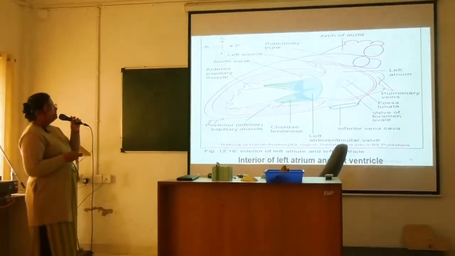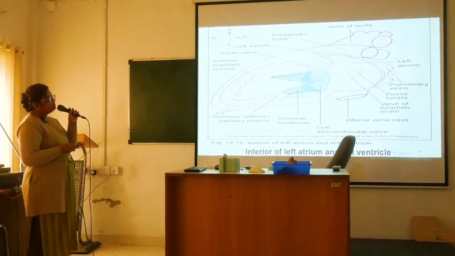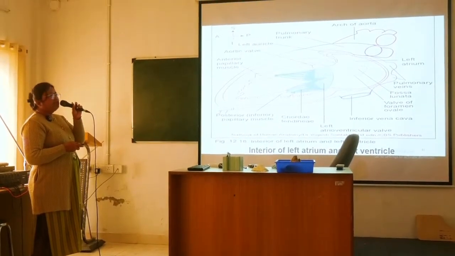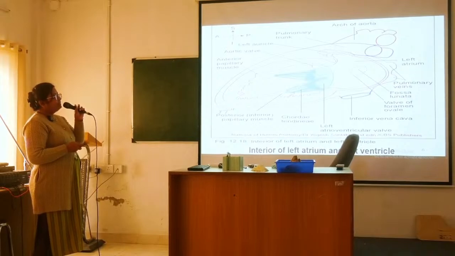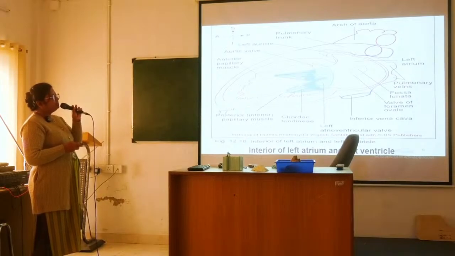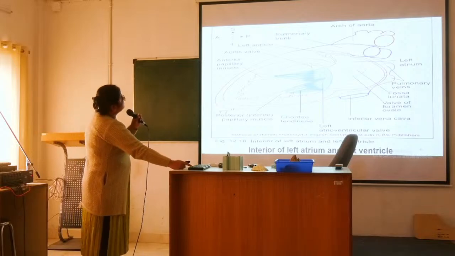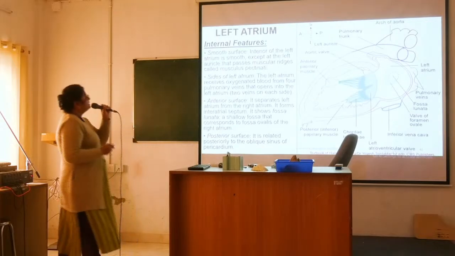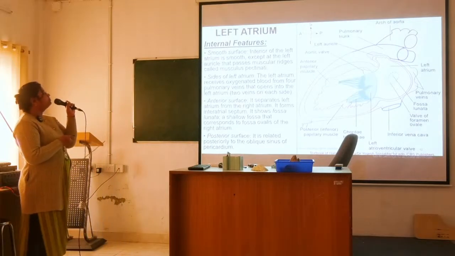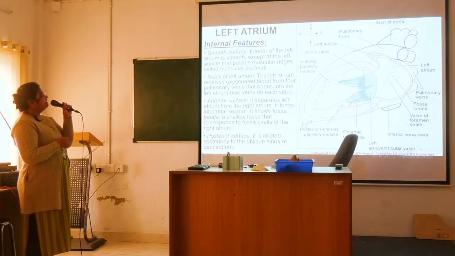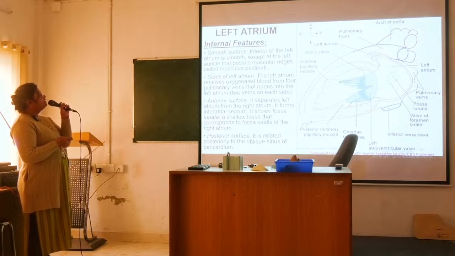Here, along the fossa ovalis on the left side, you can see the fossa lunata. Okay, and at the lower margin of this there is valve of foramen ovale. So left atrium has a smooth part. Interior of the left atrium is smooth except at the left auricle that has muscular ridges called musculi pectinati.